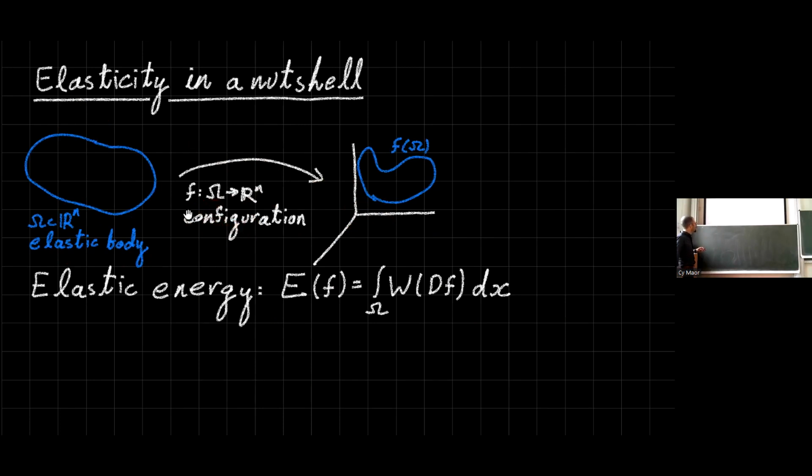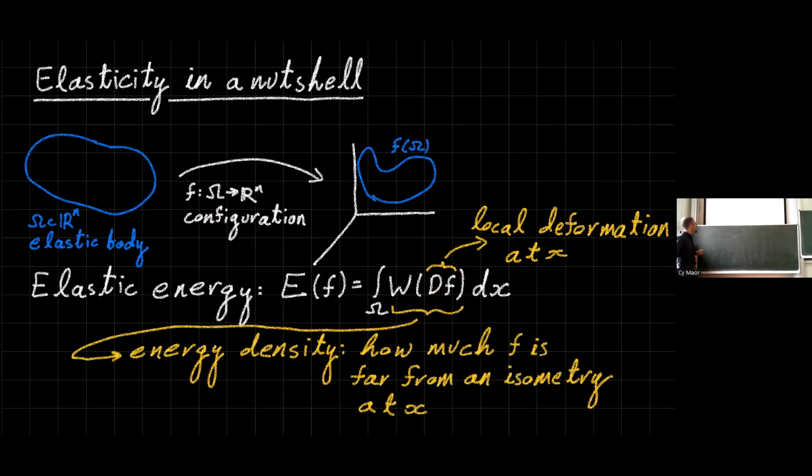So we have some kind of elastic energy, this is the hyperelastic assumption, that depends on the local deformation at x. This is the derivative of the configuration, and the energy density measures how far f is from being an isometry at the point x. And then I sum up over all these.